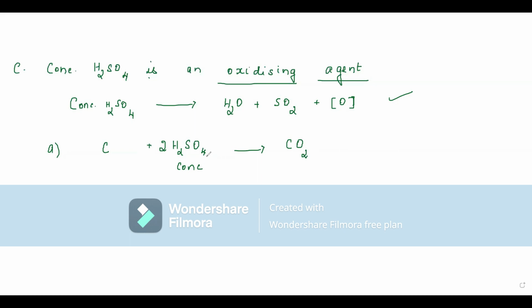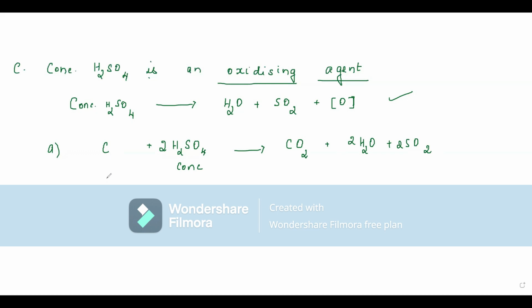So CO2 is one product. The other products are water and sulfur dioxide: 2H2O and 2SO2.